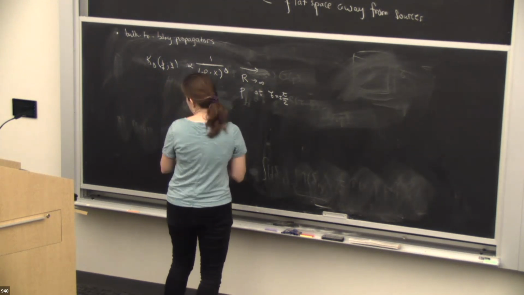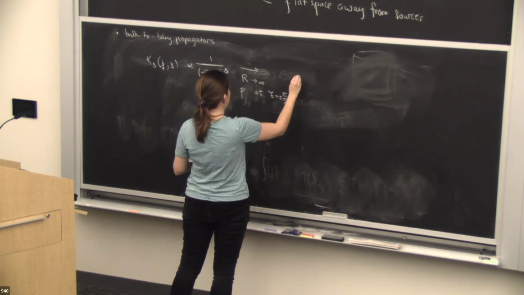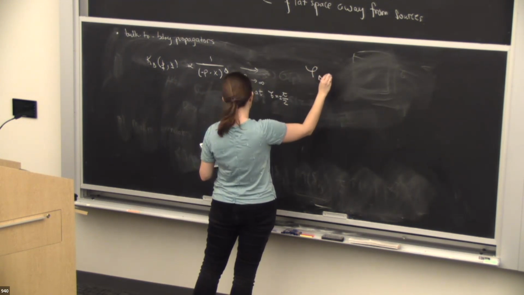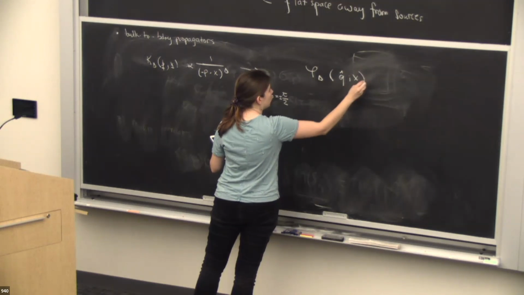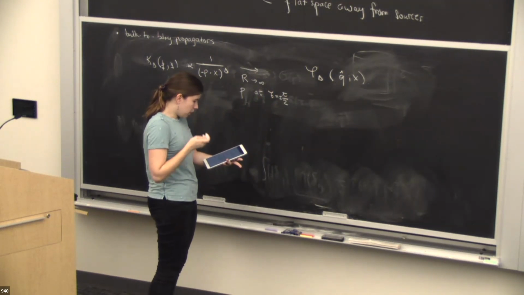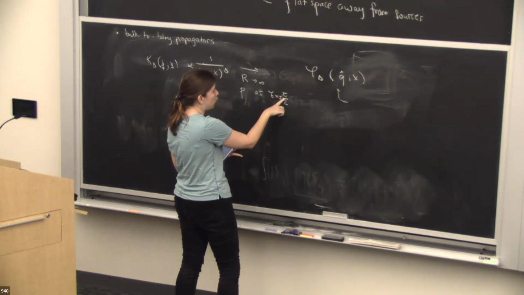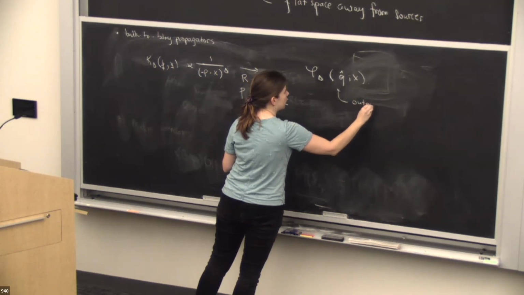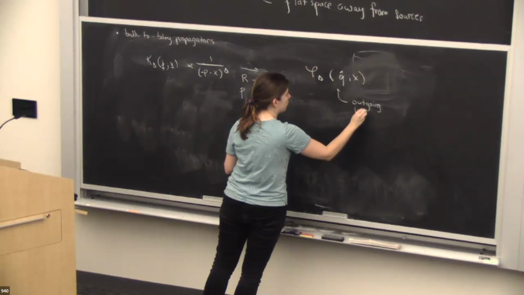Since I'm actually over time already, I'm not going to write down the expression, but you can explicitly show that this precisely becomes the conformal primary wave function that I wrote down before. In particular, for tau plus pi over 2, this will be an outgoing one, and for tau minus pi over 2, it's going to be an incoming one.